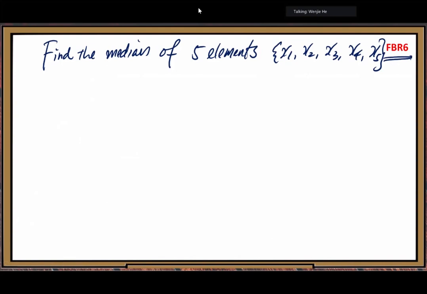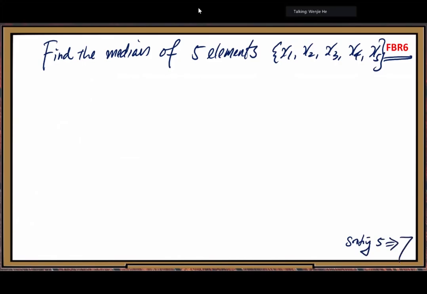How many comparisons do we need to sort a 5-element array? Do you still remember? It's 7 comparisons.